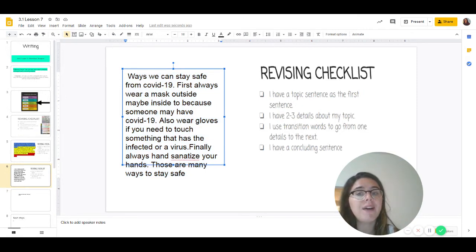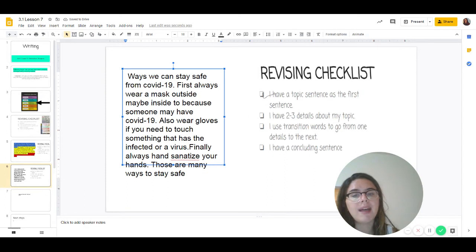I probably would revise that sentence. I would say there are many ways we can stay safe from COVID-19 because I don't really think you start a sentence with saying ways we can stay safe from COVID-19. That sounds more like a title of a book. So I would revise that, but either way for this checklist, this student does have a topic sentence that they can work with. So we're going to put a check.